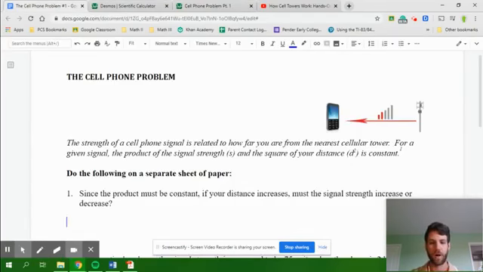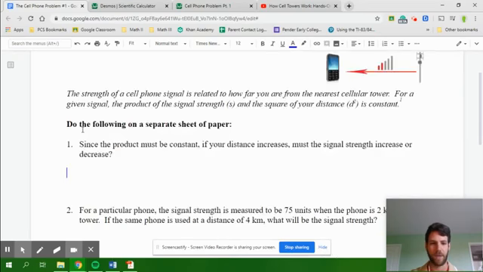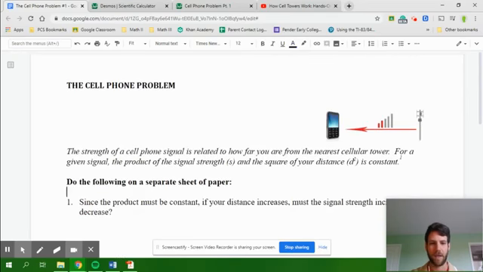We are told that the strength of a cell phone signal is related to how far you are from the nearest cellular tower. For a given signal, the product of the signal strength and the square of the distance, d squared, is constant.